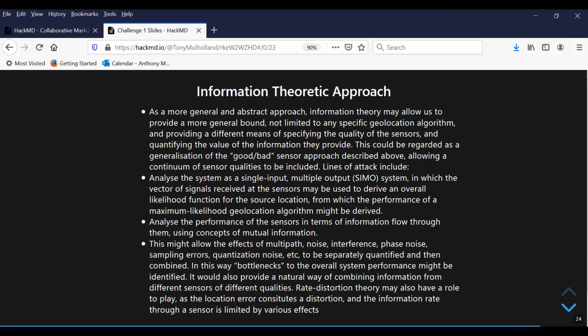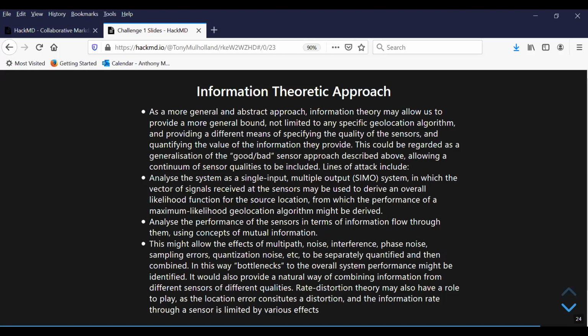Right, so then very quickly, information theory was mentioned right at the start. We did have a brief discussion, but we didn't really develop it. But I, in particular, felt that there is a potential approach that can produce a more general and abstract approach that isn't so related to the specific algorithms that we've been discussing up to now.